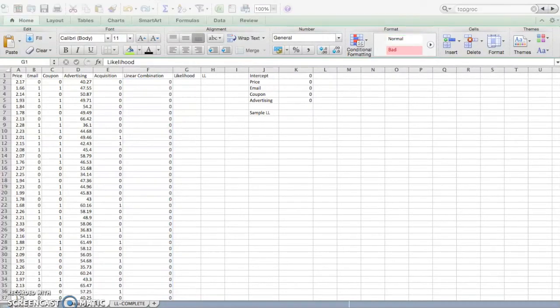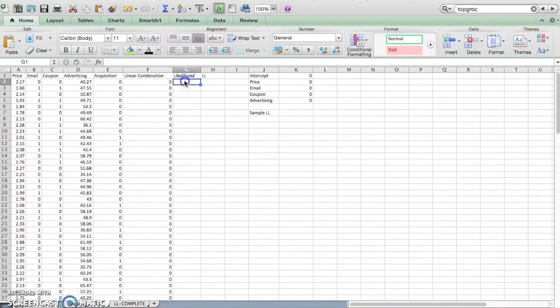The likelihood is associated with what's the probability of a certain outcome and did we observe that outcome. So we will use an if statement. If the acquisition happened, then the probability will be according to the logit model, which we learned about in the last video.